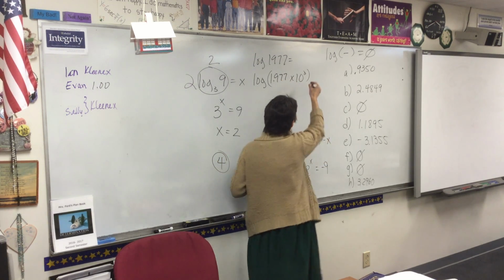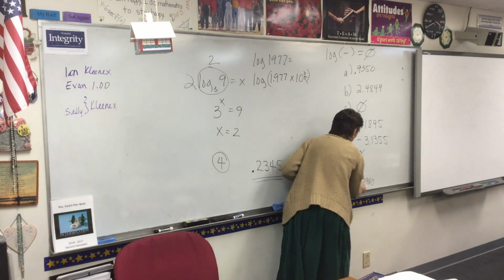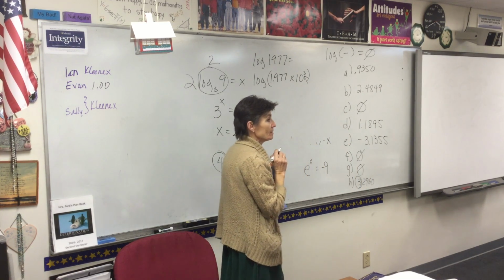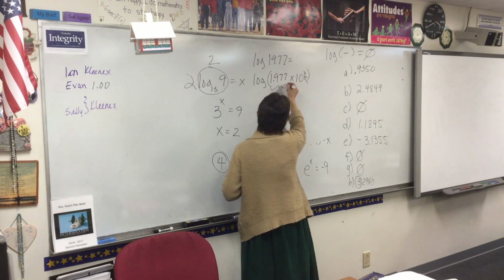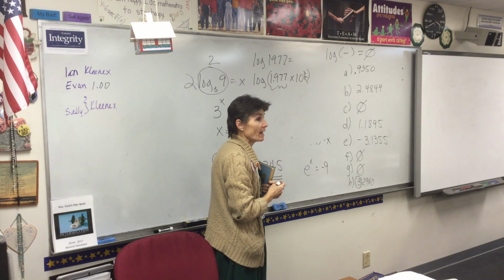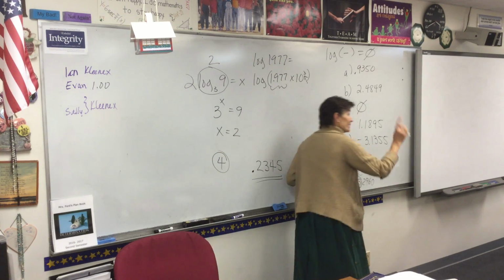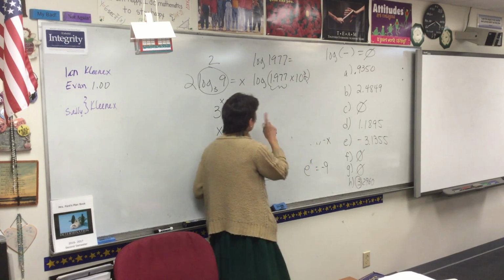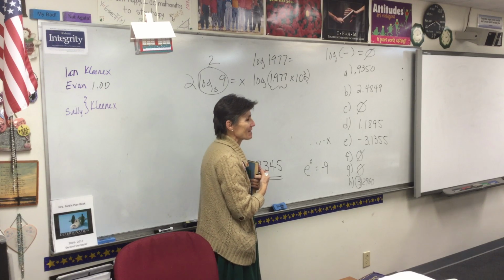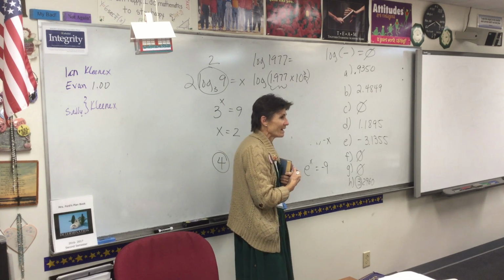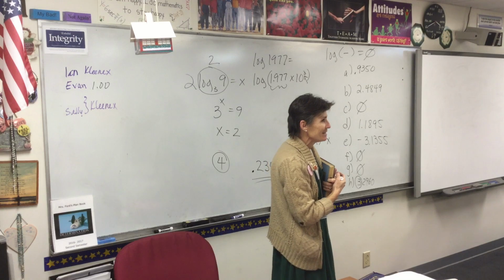That 3 is that 3. Then I had to look up in my table the log of 1.977, and that would give me this part. Except my table didn't have 1.977. My table had 1.97 and 1.98.